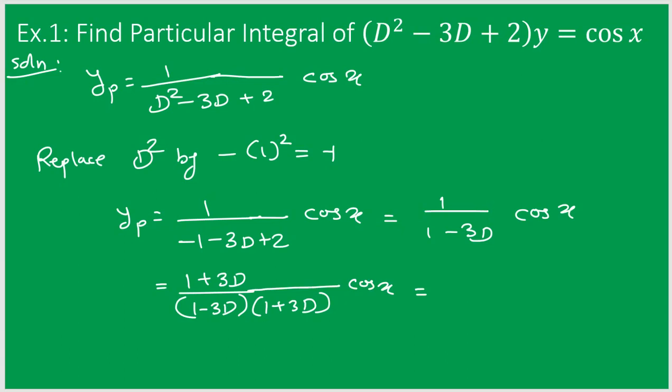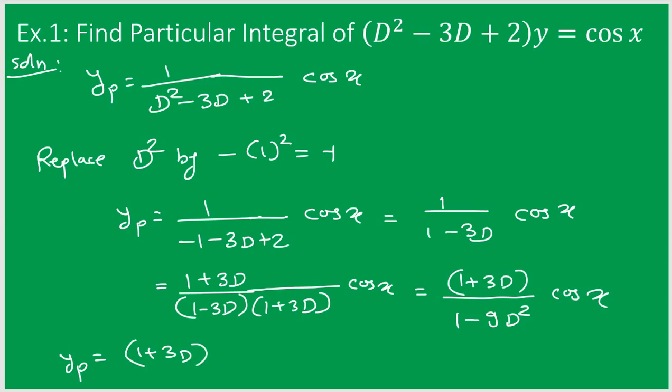This gives us 1 plus 3D divided by 1 minus 9D square, cos x. So yp is equal to 1 plus 3D. Now you can replace D square by minus 1, so 1 minus 9 times minus 1, cos x, which is equal to 1 plus 3D times 1 upon 1 minus 9 times minus 1, so 1 by 10 cos x.